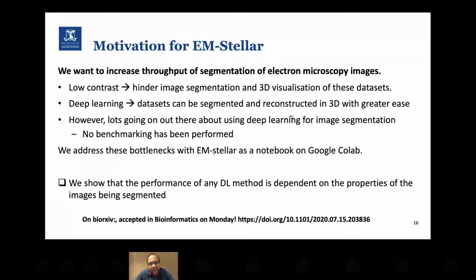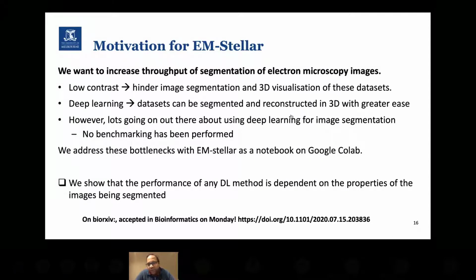But what we found was that every new algorithm out there was presenting a positive result, that their algorithm was really working to segment particular structures or particular application areas.